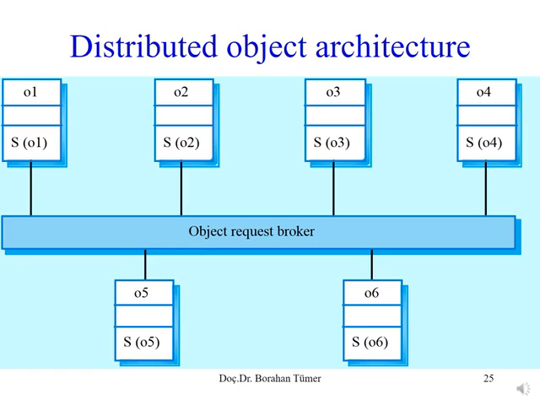And the magic hand that manages this is the object request broker. It provides a set of services that allow objects to communicate and to be added to and removed from the system.